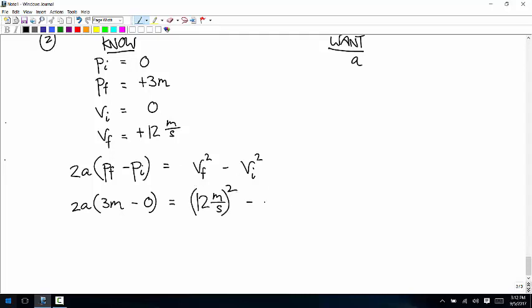V initial is 0, so this is 0 squared. If you distribute this all through, I get 6 meters times the acceleration is equal to 144 meters squared per second squared.